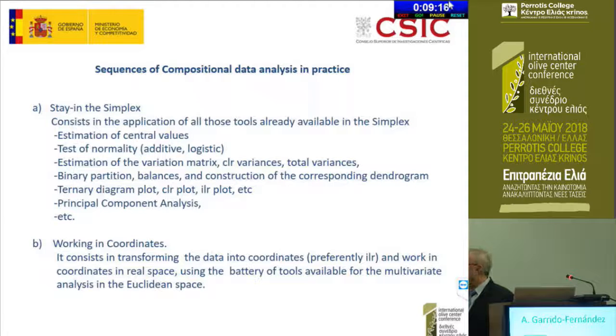You may estimate the central value, make tests of normality, estimate the variation matrix, binary partition, and so on. And then there are also some ratios that allow projecting the composition into a simplex with one less dimension. The characteristic of this projection is that the coordinates are already in the Euclidean space. And then you may apply to them all the normal statistical tools now available.